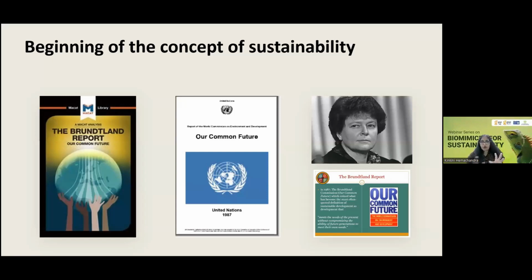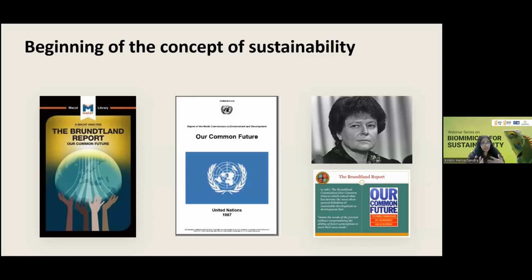I'm not going to talk in detail about the concept of sustainability because I am pretty sure that many of you have heard about it, having 3 different pillars: environment, economy, and society, without causing any damage to the present generation as well as future generations. We are trying to fulfill our needs as well as future generations' needs. So it all started with an incident.